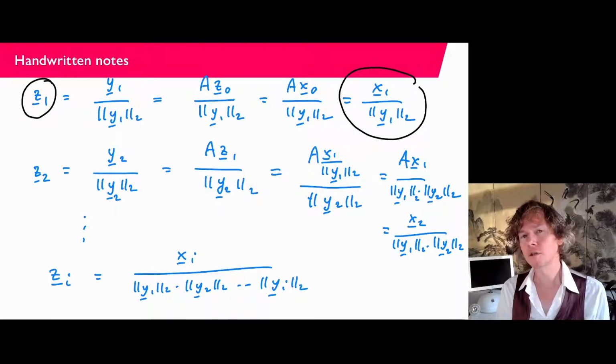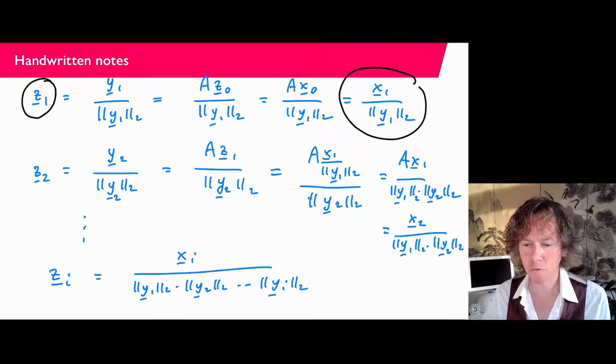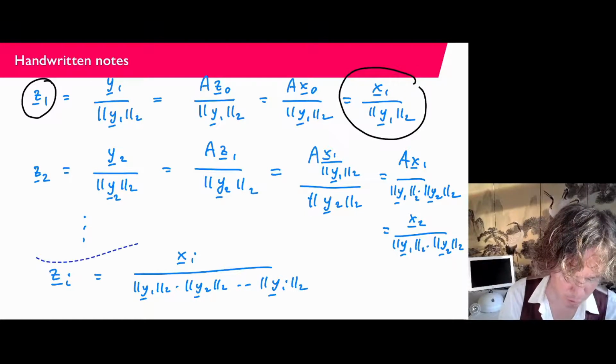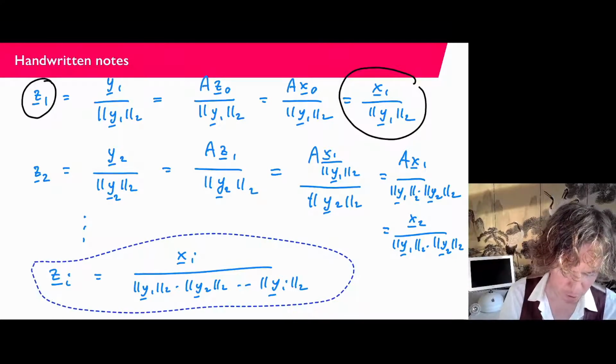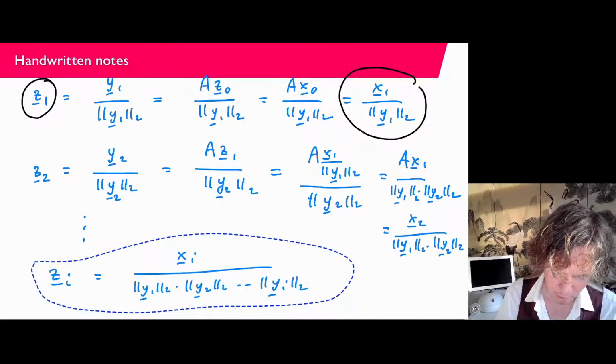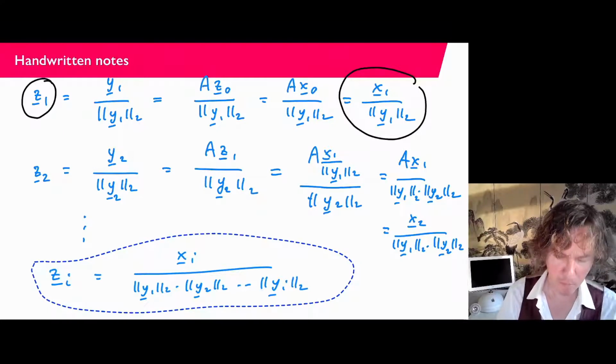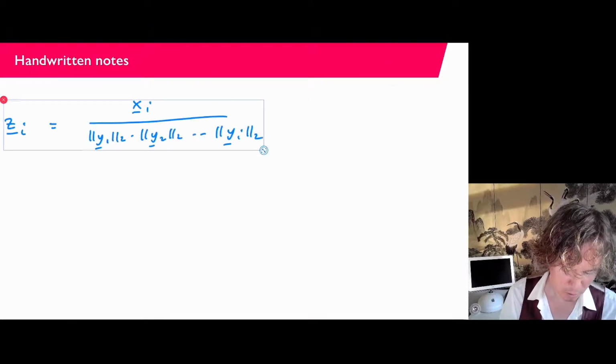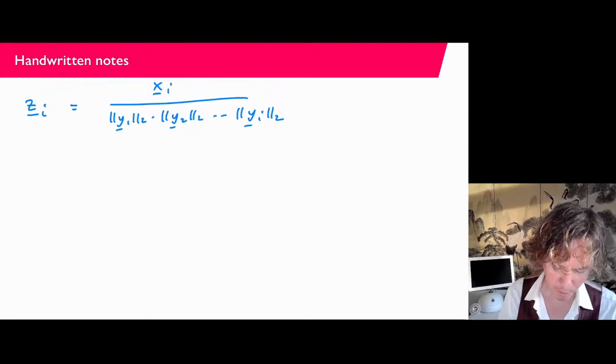So the last thing that I need to show is that it also is true for the Rayleigh quotients. And to do that, of course, I'm going to need this formula. So let's copy this whole formula here to a next slide, and paste it here.